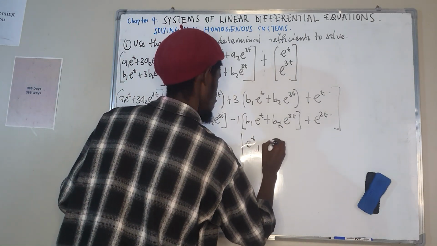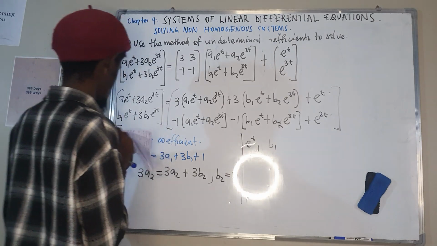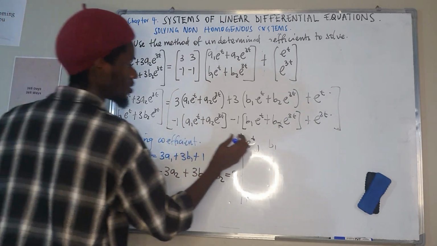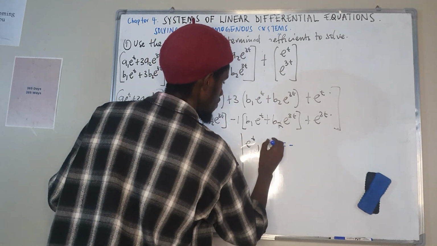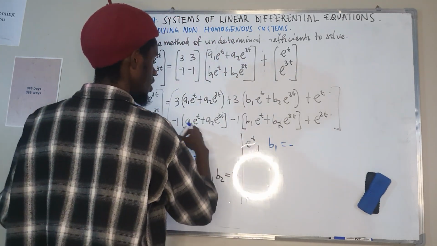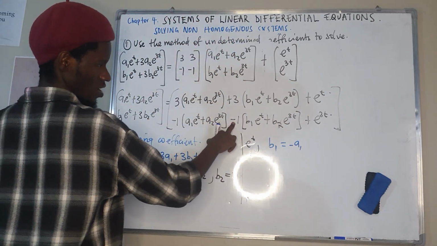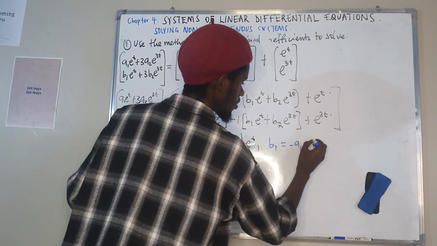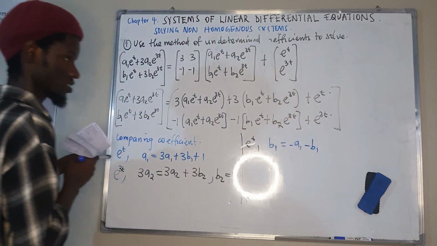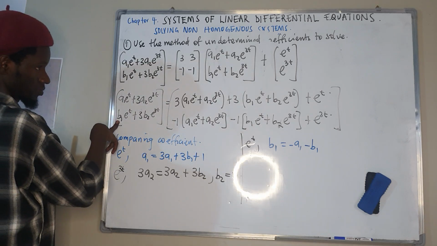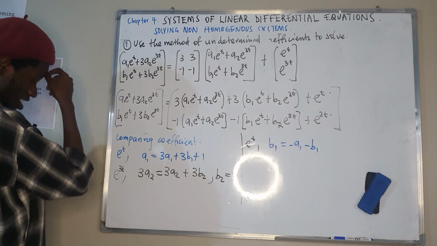I will have b1 e power t. Then instead I will have negative a1 equals negative a1, and negative b1, like that. Is it? Yes, I think it's that.